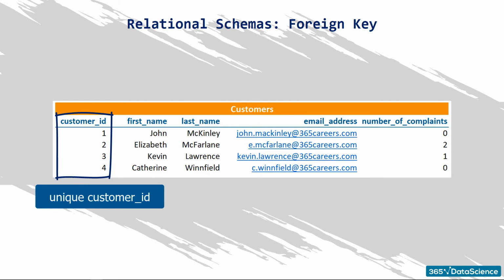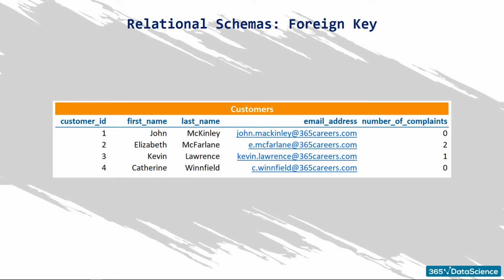There is no need to keep the information about the same customer more than once, right? Therefore, in this table, the customer ID field is the primary key. The other columns represent the rest of the information about a customer: first name, last name, email address, and number of complaints.